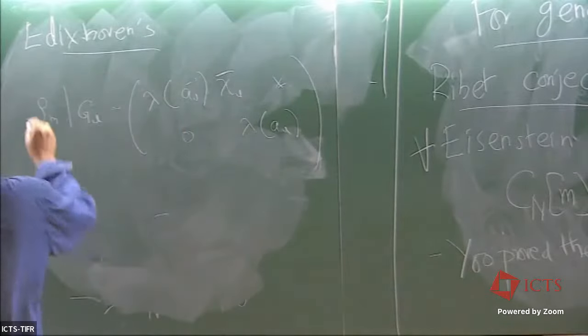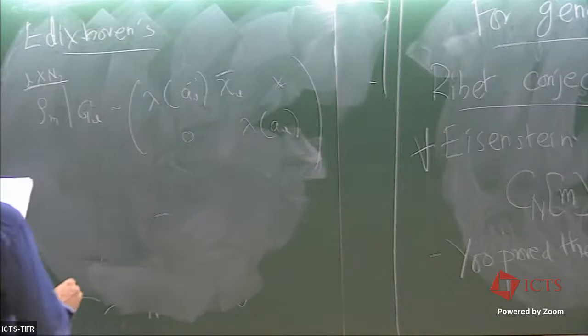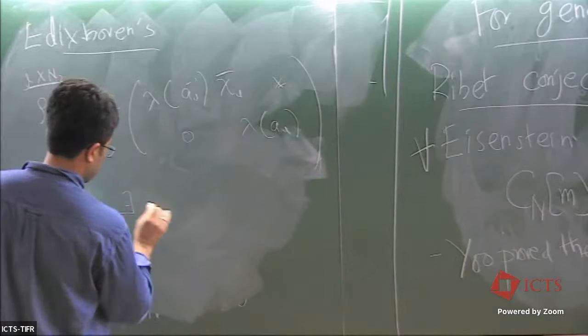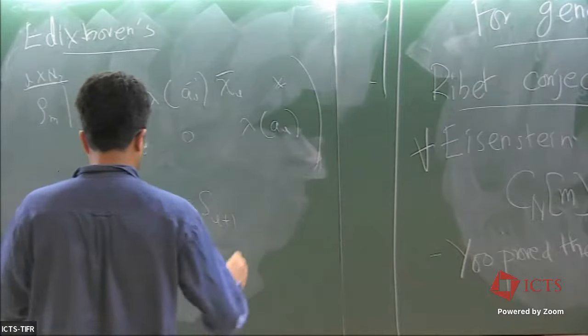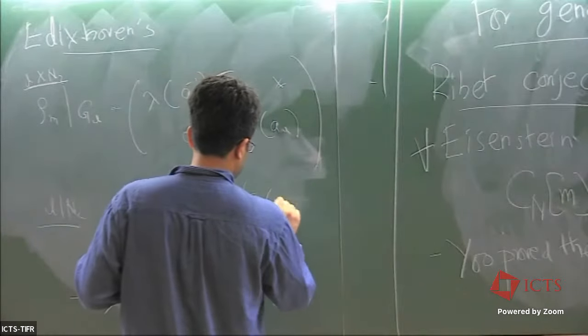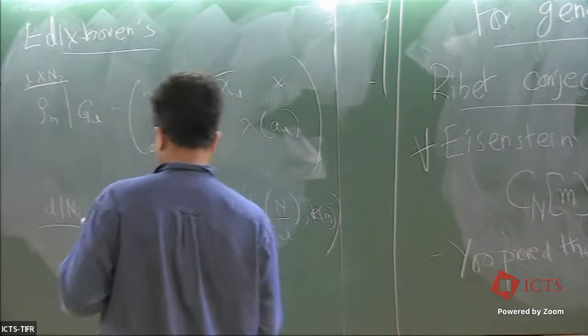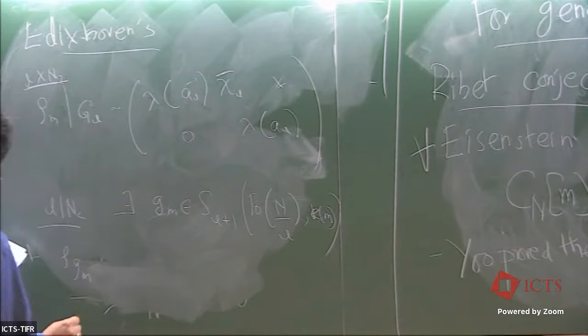So if L does not divide N, this is basically Deligne's thing, and if L divides N, so you have there exists GM, one level lowering kind of thing, EM, such that, so this part is Fontaine's thing.